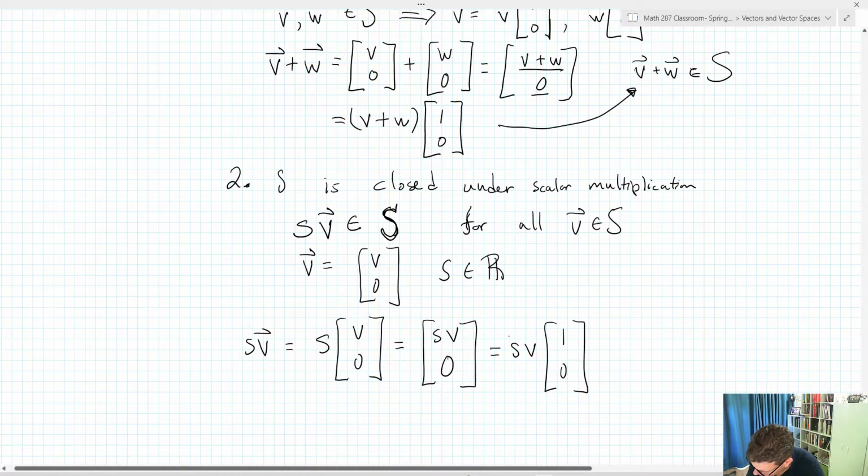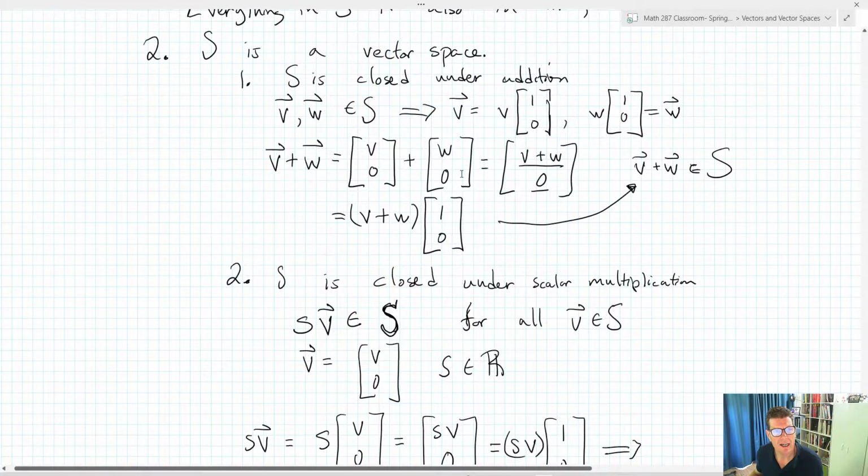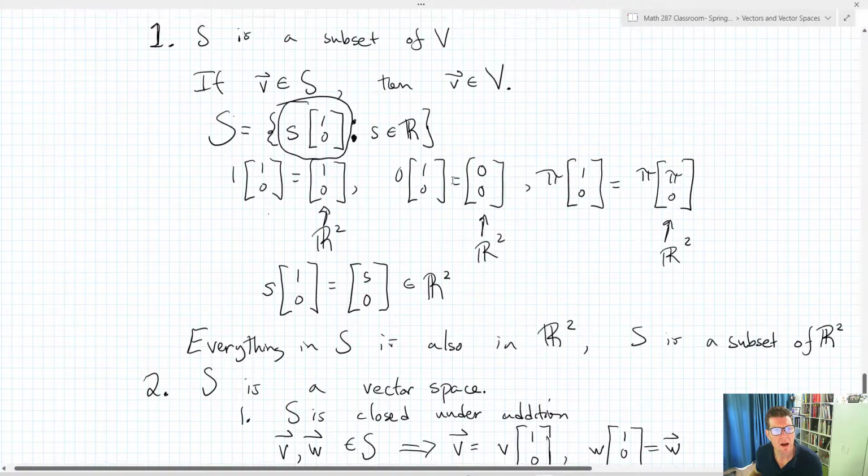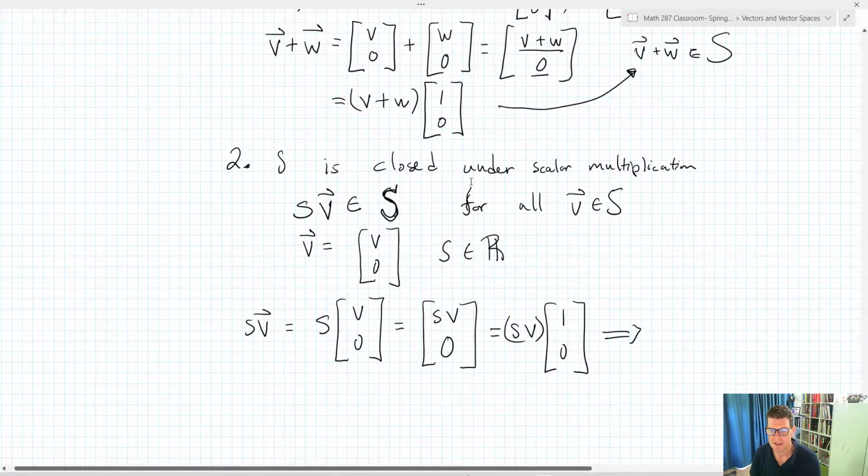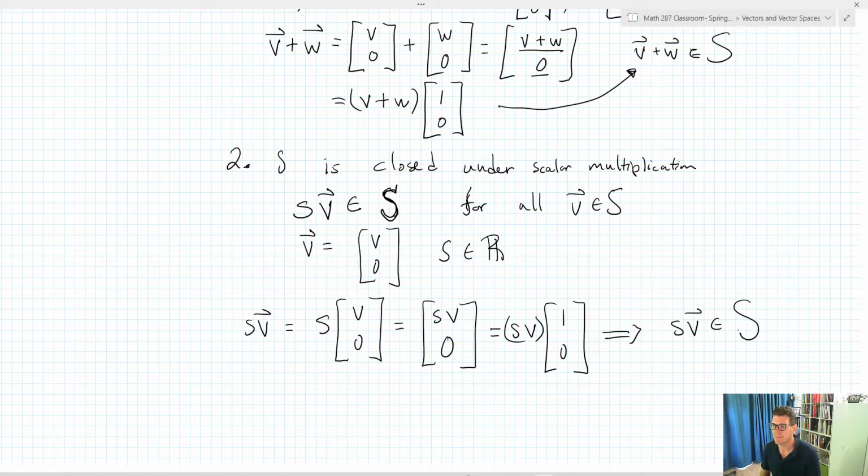Remember, we can go through and factor out both of those scalars. We did that inside of one of our axioms before. And so consequently, we get SV times 1, 0. By definition, when we go back up and look at it, to be in S you've got to be a scalar times 1, 0. Well, there it is. So SV also belongs to our subspace, or now our subset.